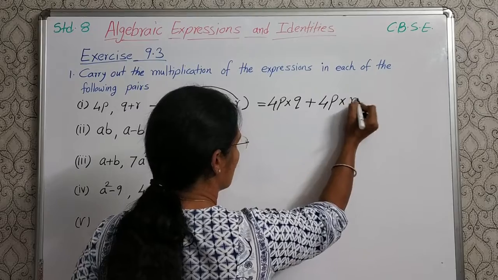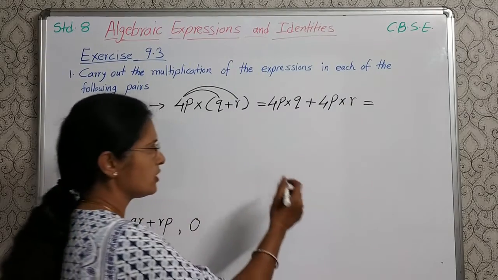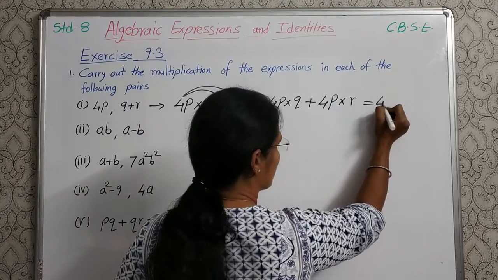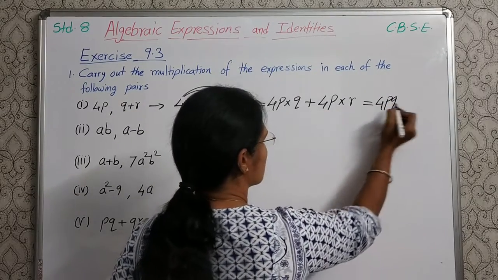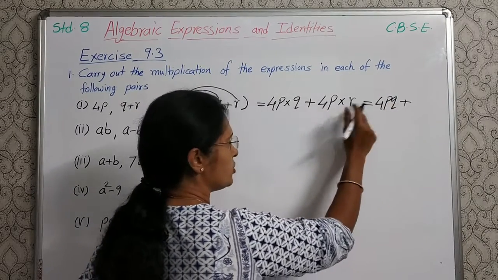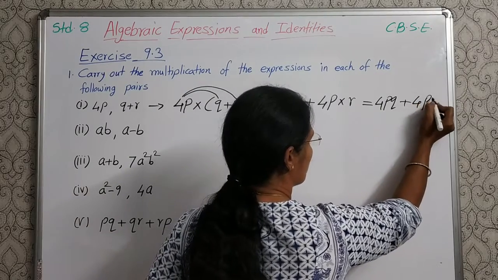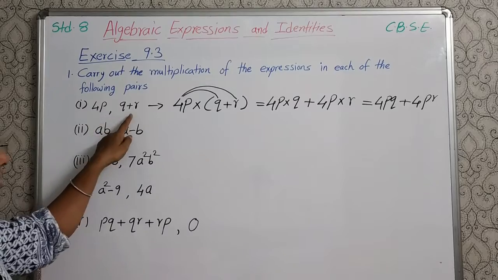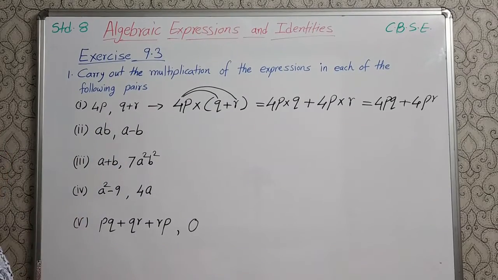Now the answer is 4p into q, 4pq, plus 4p into r is 4pr. So this is the answer for the multiplication of these two expressions.